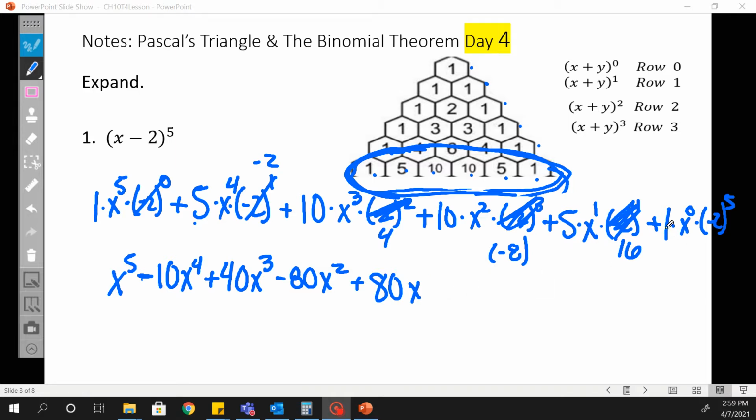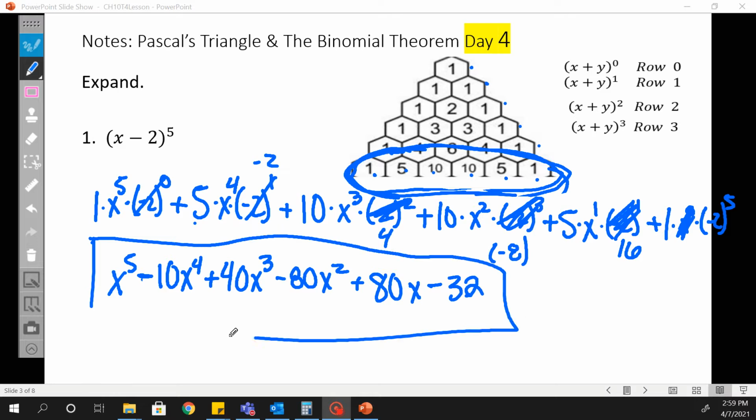And then the last term, that's 1 times 1 times negative 2 to the fifth, so that's negative 32. So the expanded form, if you expand x minus 2 to the fifth power completely, you get x to the fifth minus 10x to the fourth plus 40x cubed minus 80x squared plus 80x minus 32.